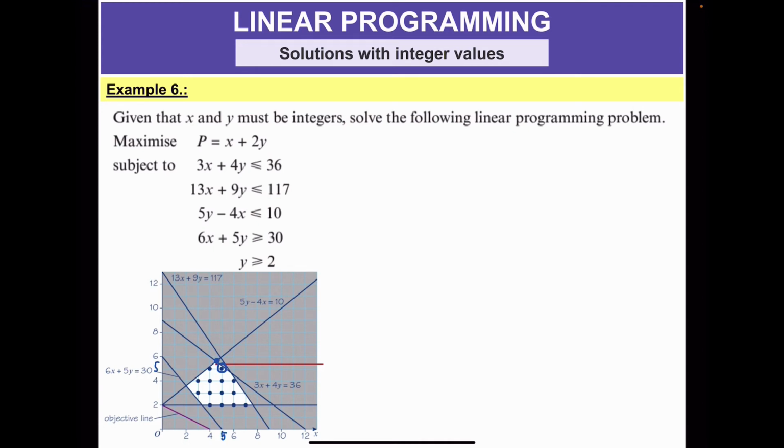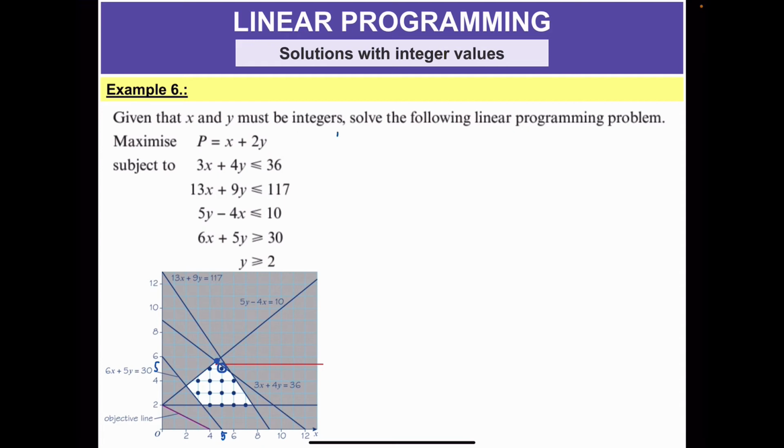So one method is to identify the vertex, then see that it doesn't have integer values, and then locate the nearest one. In this case, it's possible because the scale is suitable to do that. However, if you are not sure which point is really the closest one, and you want to verify, then there is the second method. You need to find the intersection of the two lines.